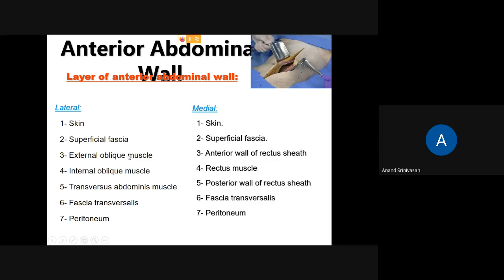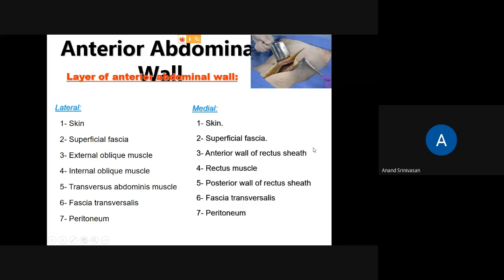The third one, here, instead of external oblique muscle, is the anterior wall of rectus sheath. Then below it is the rectus abdominis muscle, and behind it the posterior wall of rectus sheath. So these three, 3, 4, and 5, are changing here. Afterwards it's common: fascia transversalis and peritoneum.